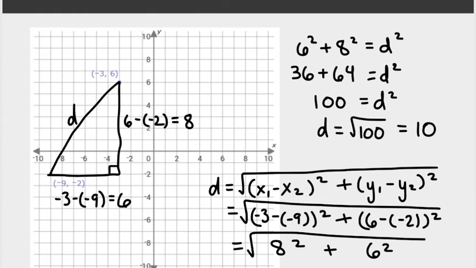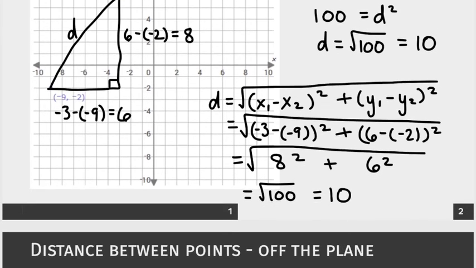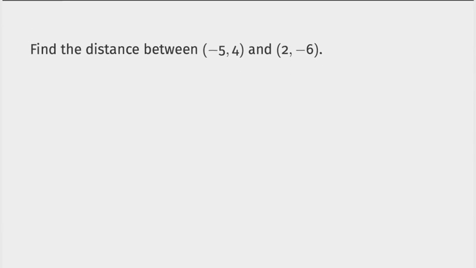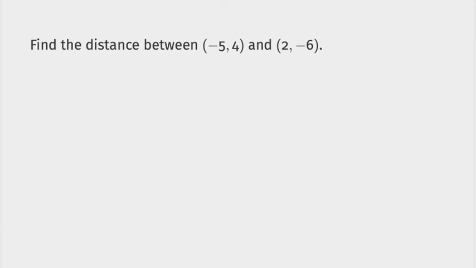Now what's really helpful about having that distance formula is if we step off of the plane and we just have some coordinates for our points, and we still want to be able to find the distance between the 2 of them.